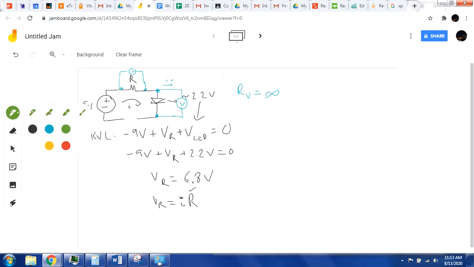So I actually have to break the circuit somewhere in that loop, meaning take the wires out, and then put the ammeter in series like that. That way I measure the current going through the circuit. In that case, we want resistance to be as close to 0 as we can get it, because we don't want any voltage drop across this ammeter. We want the current to just flow straight through.